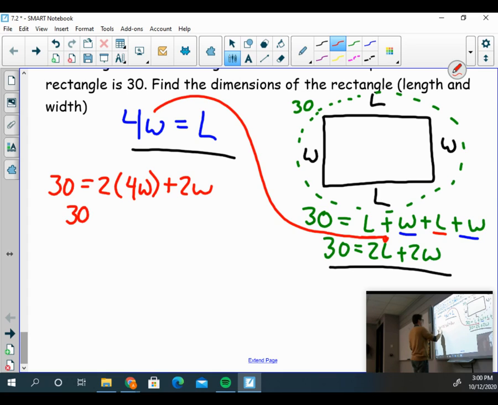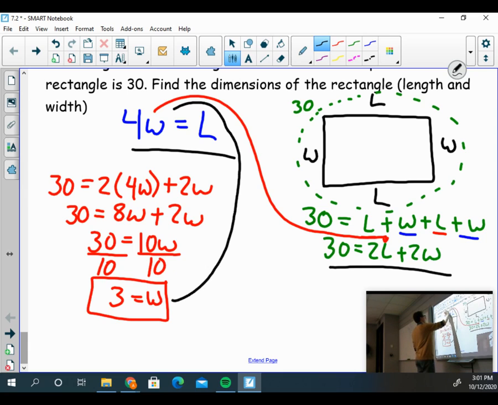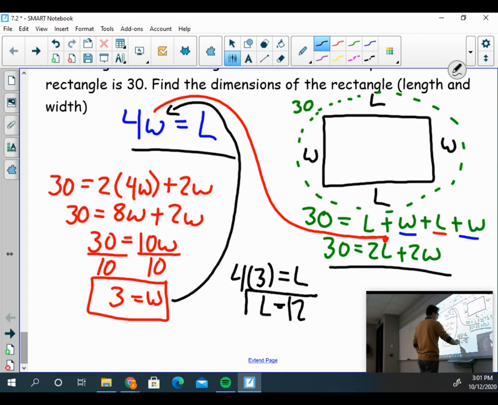Now I just solve for W. And I find out that W equals 3. Well, if W equals 3, what's the length? Plug it back into your original. W is 3, then the length will be 12.